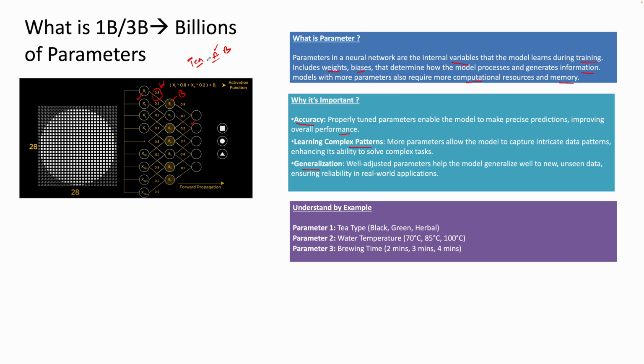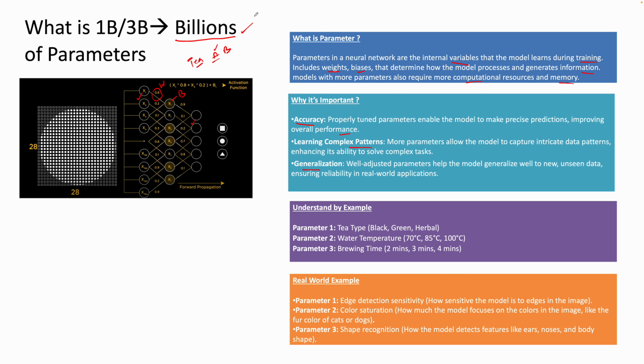How much sugar I add, okay? So that will make really tasty tea. Now with LLMs, we are talking about not 1, 2 or 3, but billions and billions of parameters, right? So now I think you can correlate the importance of these parameters to LLMs.